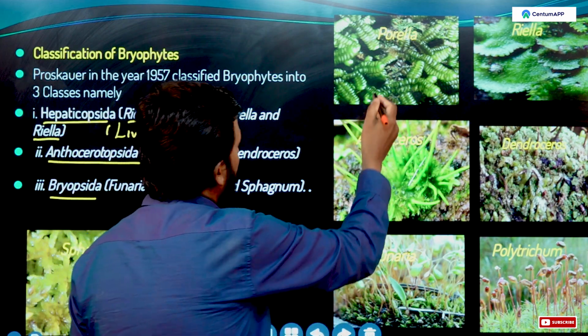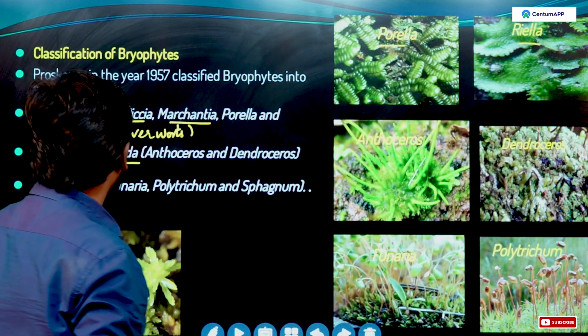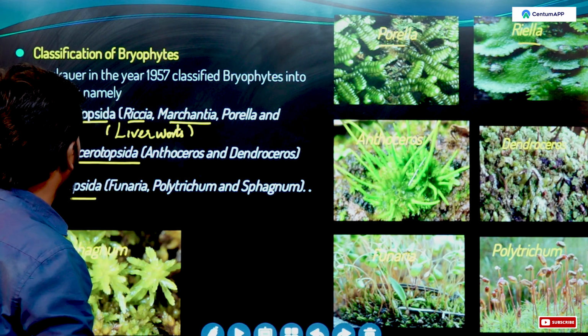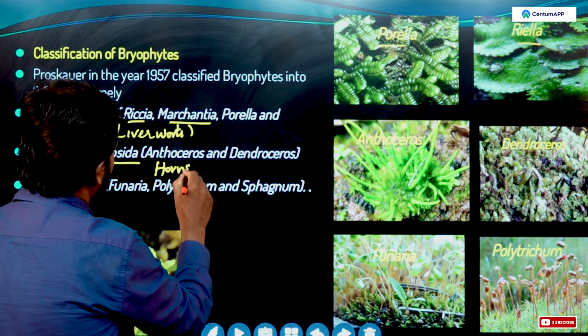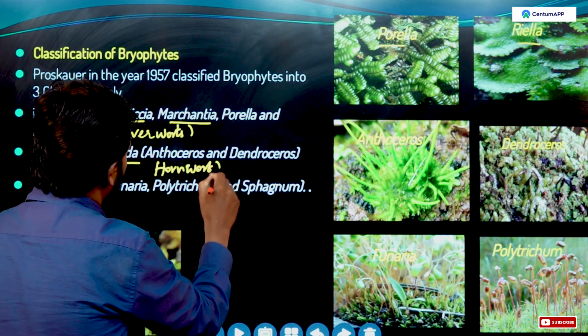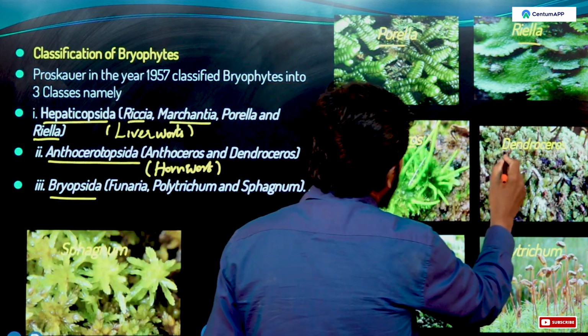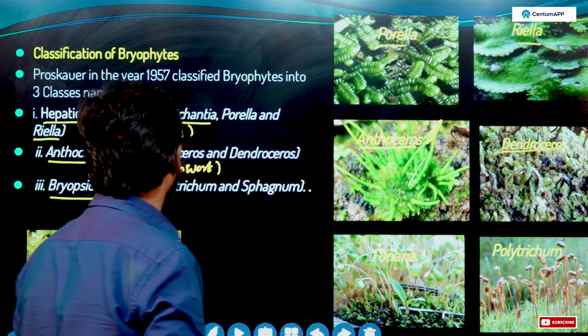Then Anthocerotopsida means hornworts. This is Anthoceros, Dendroceros, that have horn-like structures, that is Anthocerotopsida.